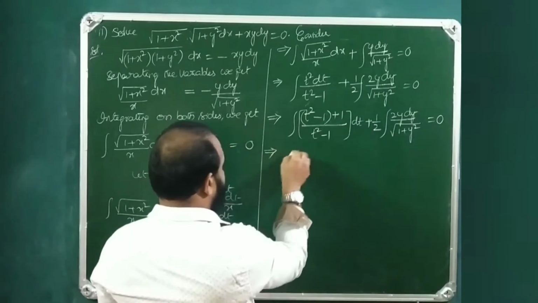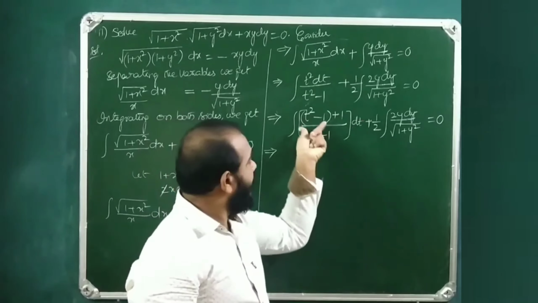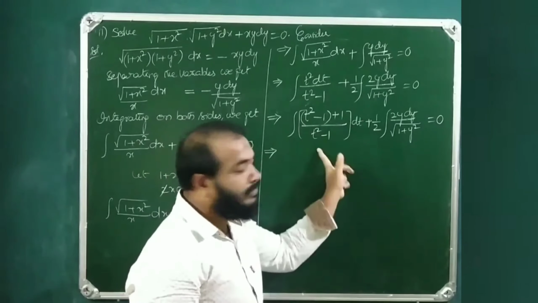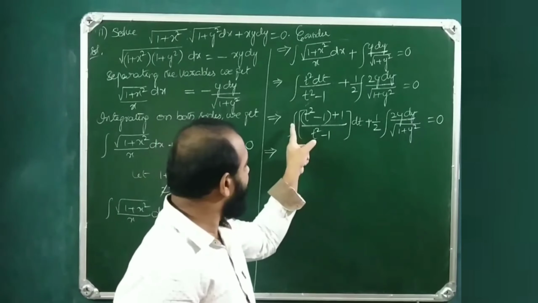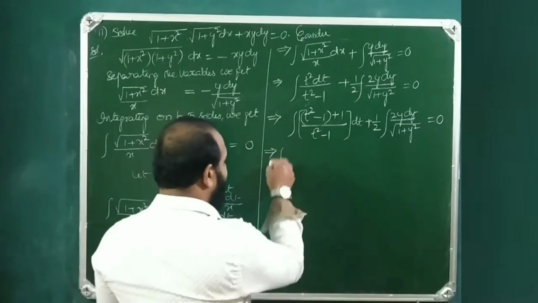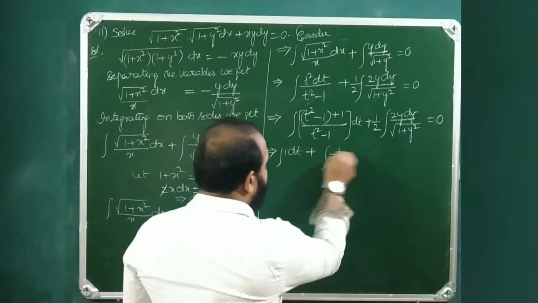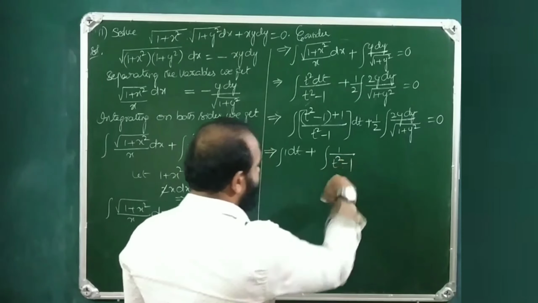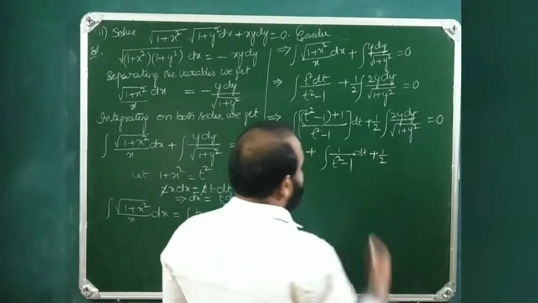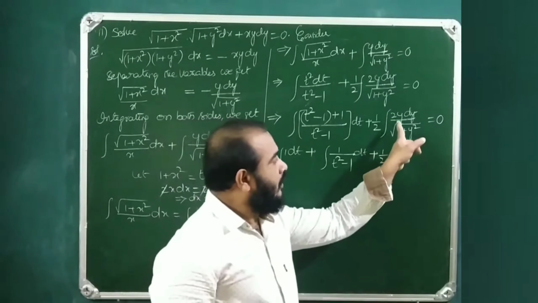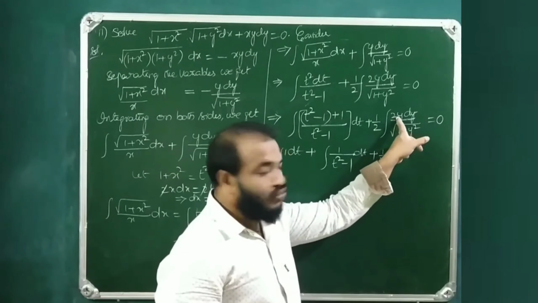Now, (a+b) by c is a by c plus b by c. So (t²-1) by (t²-1) gets cancelled. We are left with the integral of 1 dt plus the integral of 1 by (t²-1) dt plus 1 by 2, this is f'(y) by √f(y), because the derivative of 1+y² is 2y.